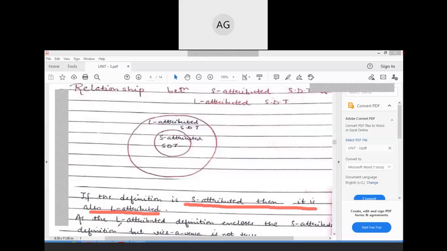The second point is, as the L attributed definition encloses the S attributed definition, but vice versa is not possible. So if we have an L attributed definition, then it can be S attributed SDT, or it can be not. But if it is S attributed SDT, then it is surely an L attributed definition as well. So just remember this diagram.